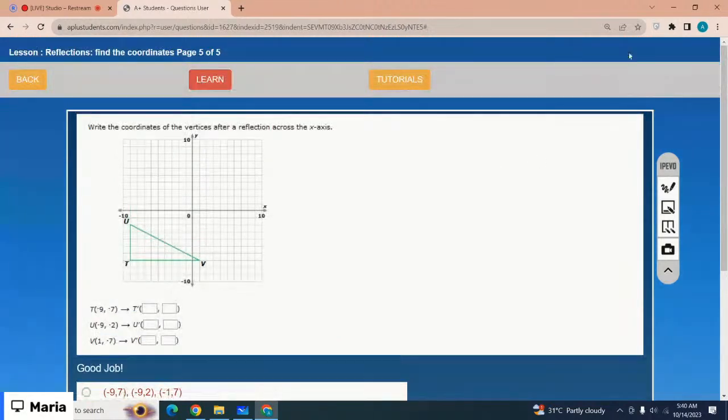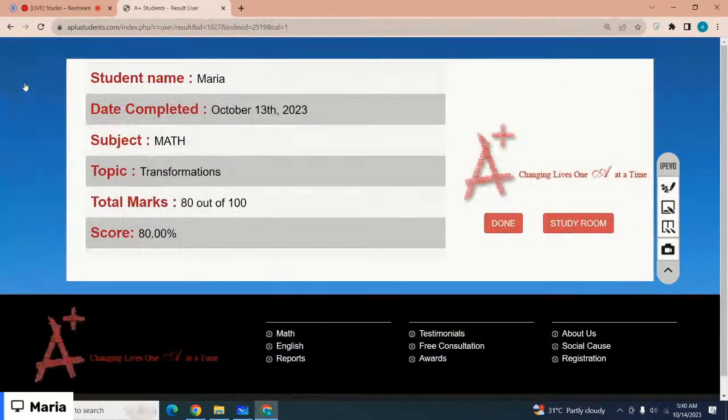Okay, we're done with the lesson. So we were working on grade 10 math. Chapter we're working on is transformations.